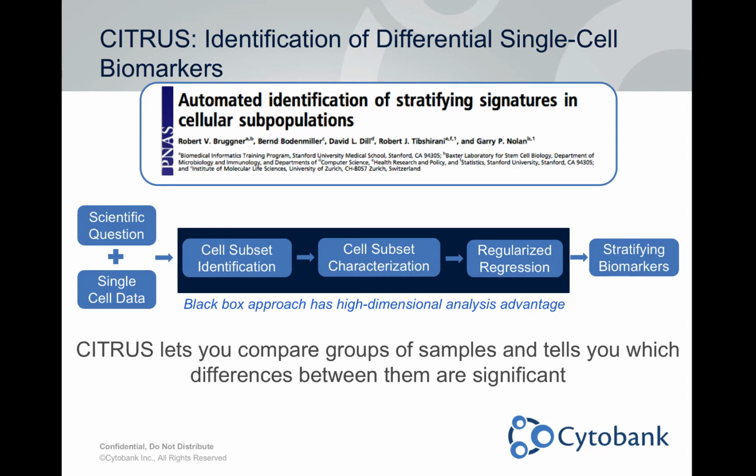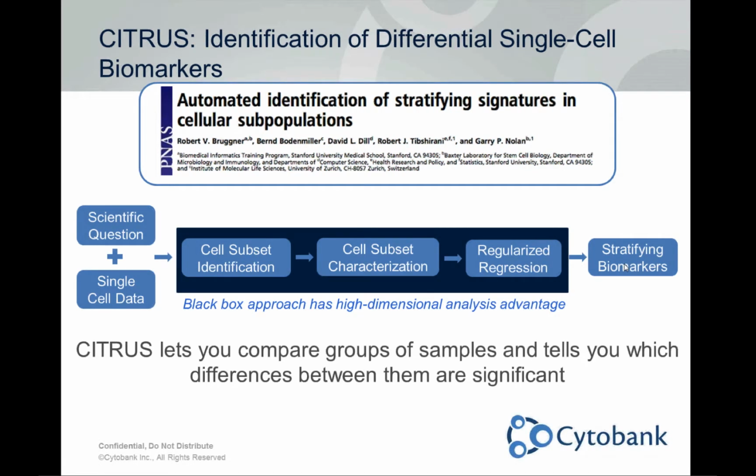So you don't have to know how to do any of these things on your own. The algorithm does them all automatically. The automatic identifying of cell subsets, the characterization of those subsets, and then a regularized regression testing on those. And then Citrus presents to you these stratifying biomarkers, telling you what markers lead to the differences between your two groups. So Citrus is used on a large scale that lets you compare groups of samples and tells you which differences between those groups are significant.